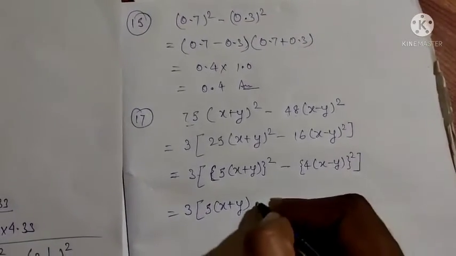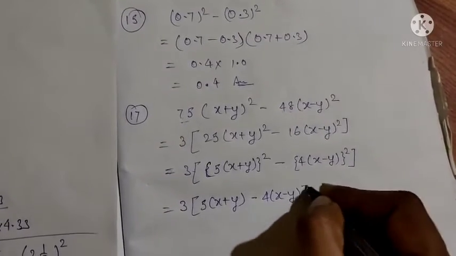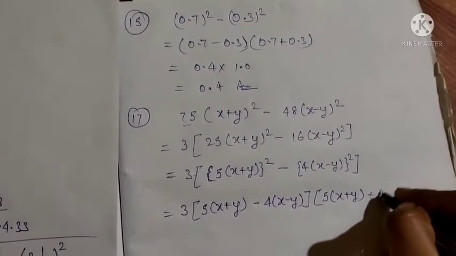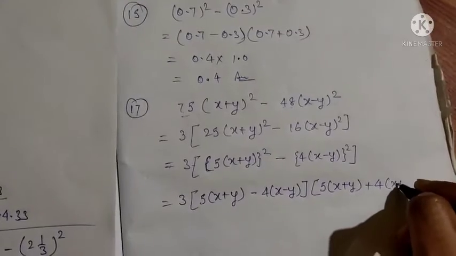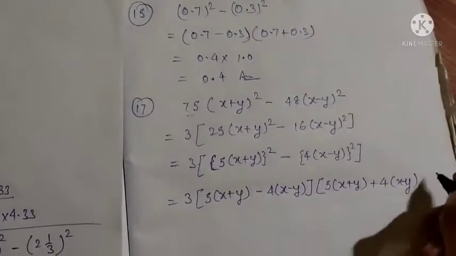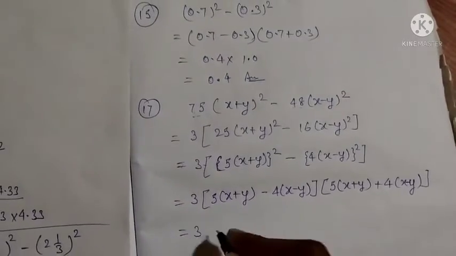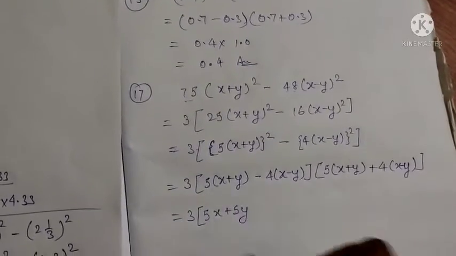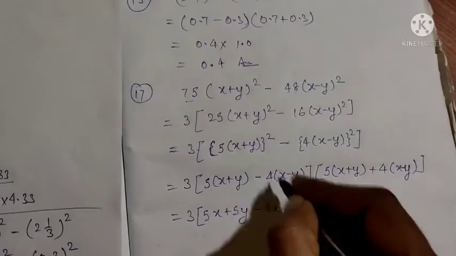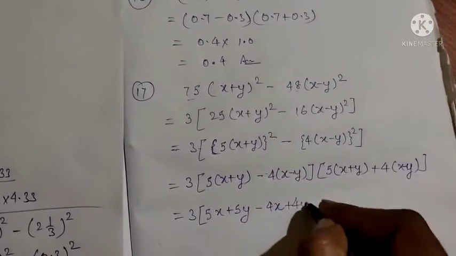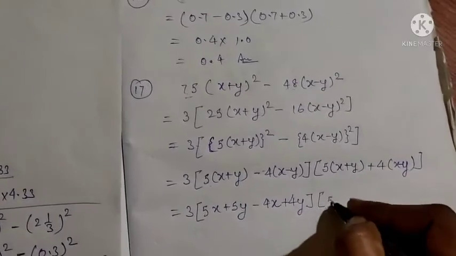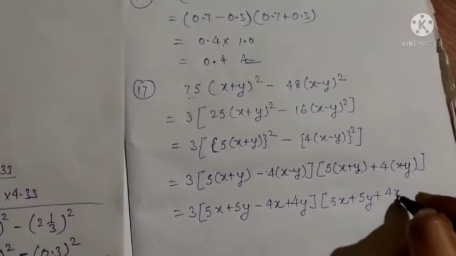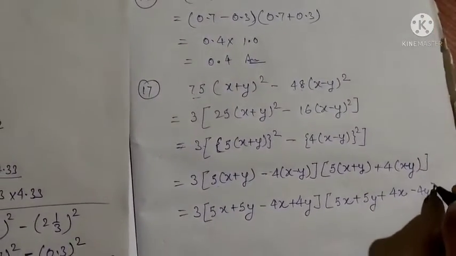(5x plus y minus 4x minus y) into (5x plus y plus 4x plus y x minus y) is equal to 3 (5x plus 5y, by solving it, 5x plus 5y minus 4x, minus into minus becomes plus, 4 into y will be 4y) (5x plus 5y plus 4x minus minus 4y).